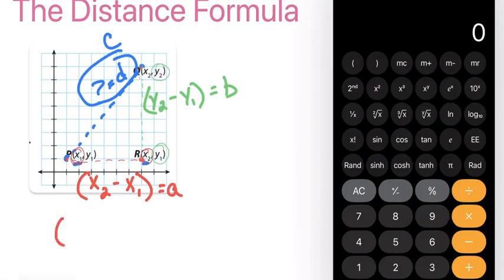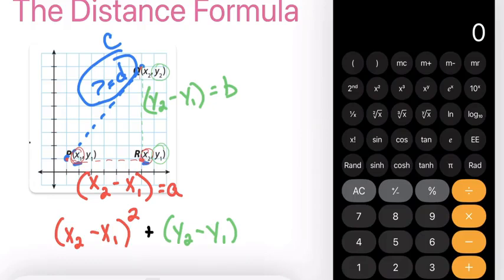So I'm going to do a squared plus b squared equals, and then d is what I'm using for distance, so that'll be d squared, just like that. So this is what it looks like when I plug those things into the Pythagorean theorem.